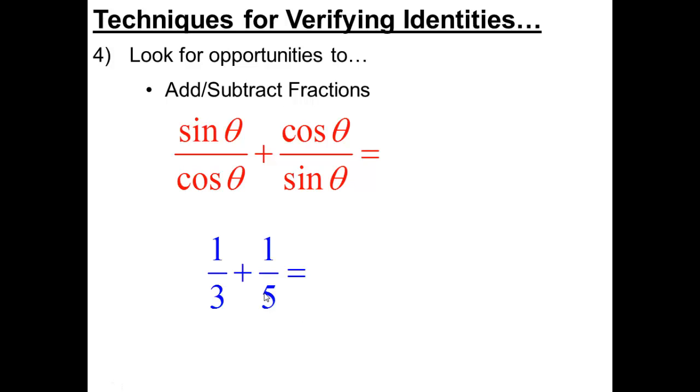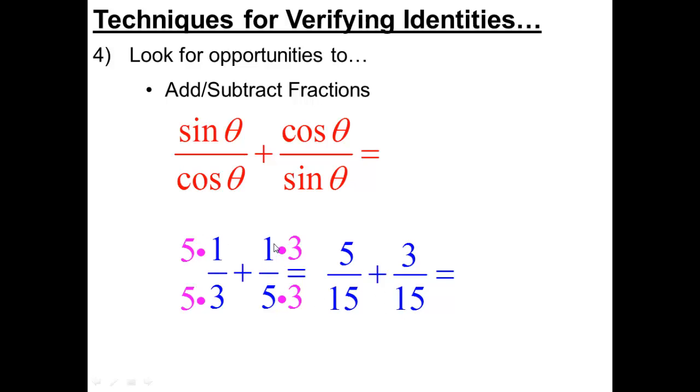Common denominator is 15. And then you would manipulate each of the fractions. On this one, you have to multiply top and bottom by 5 because, again, it's perfectly legal to multiply top and bottom of a fraction by the same number. On this one, you would multiply top and bottom by 3, so that gives you 15 as your common denominator. This would produce a 5, this would produce a 3, and then you could add them together. 5 plus 3 obviously being 8.